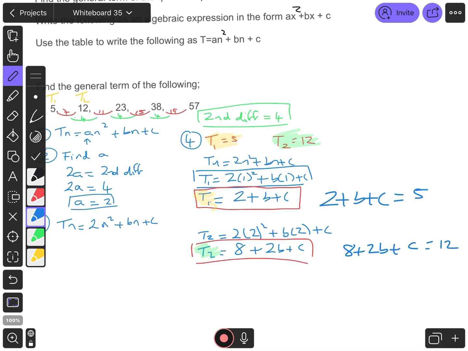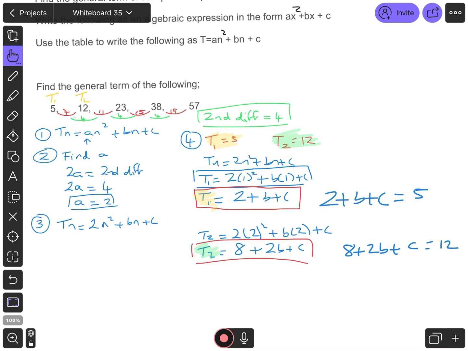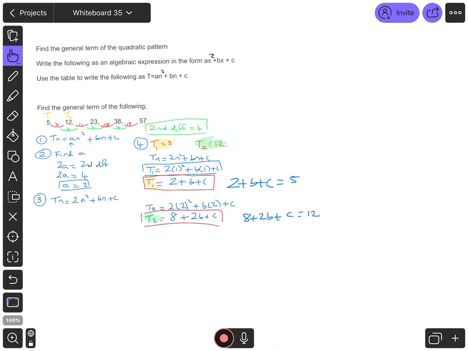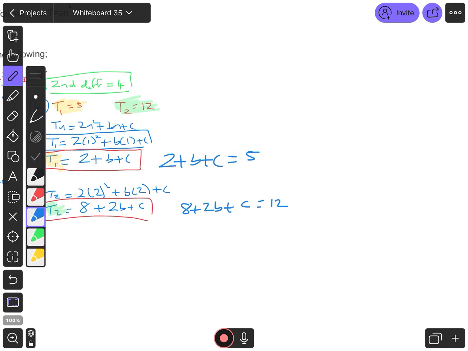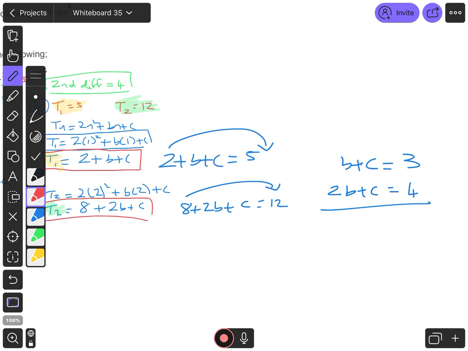And from there, what I'm going to do with those two things is a simultaneous equation, and I'm going to solve to find my b and my c. So I'm going to go over to this side here. b plus c equals 5 minus 2, so it's going to be 3. And then the second one's going to be 2b plus c equals 12, take away 8, that's going to be 4.